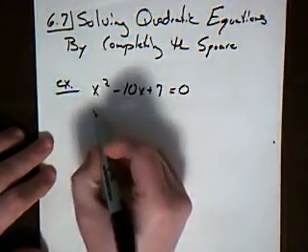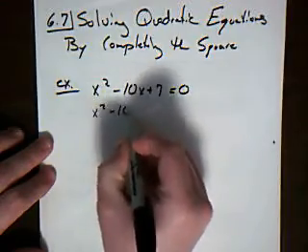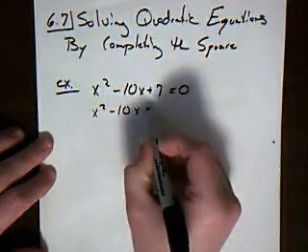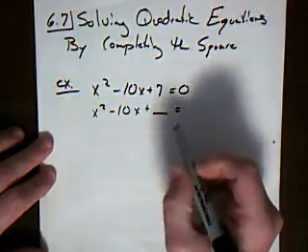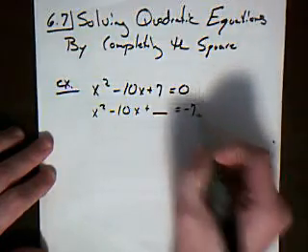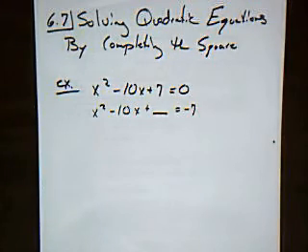So the next step is you want to get the x terms by themselves. I'm going to put plus blank here because you're going to want to add something, and you'll move the 7 onto the other side of the equation. Last section you learned the rules you needed to know in order to complete the square. Now we're interested in finding out what we're going to add to the blank.